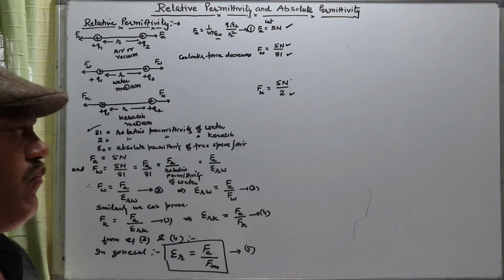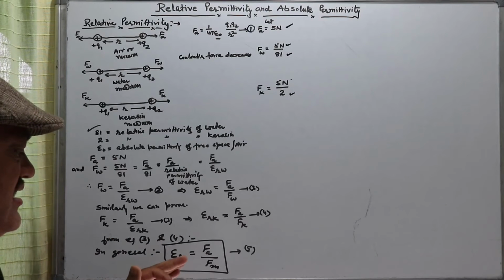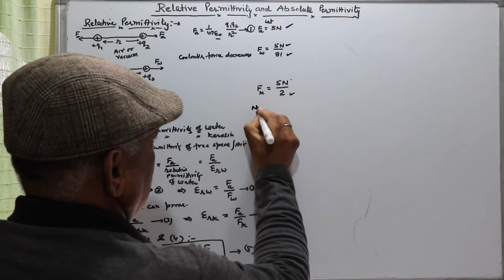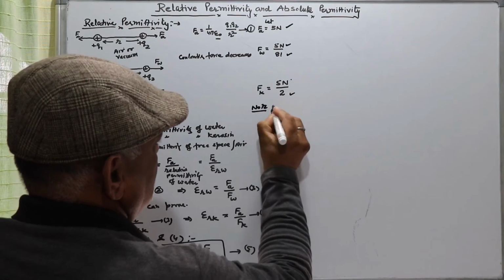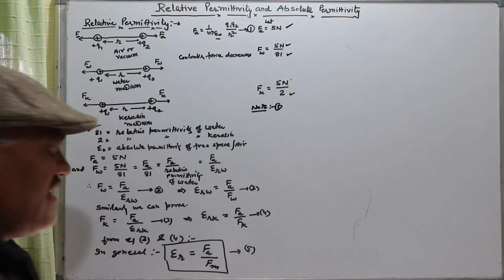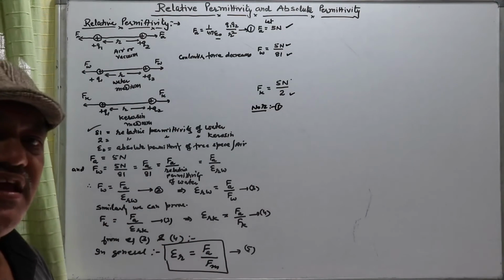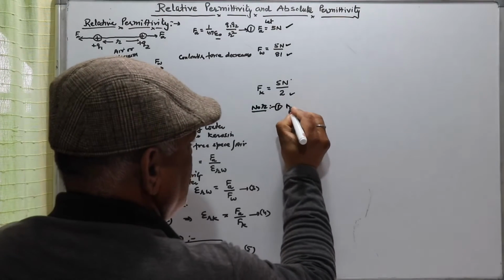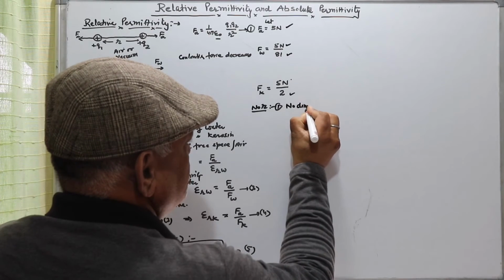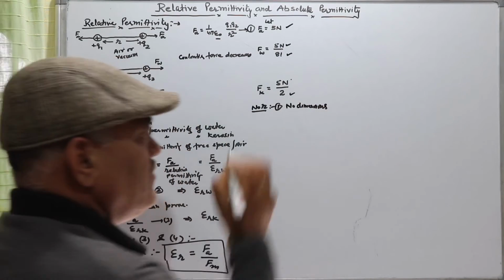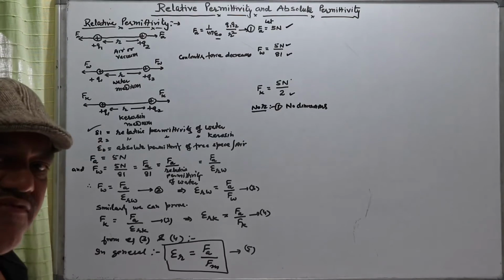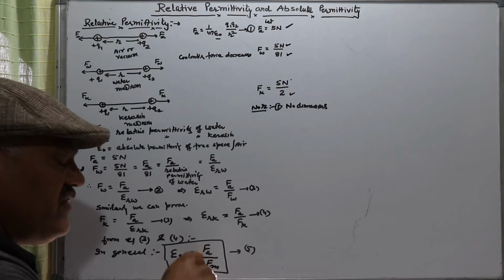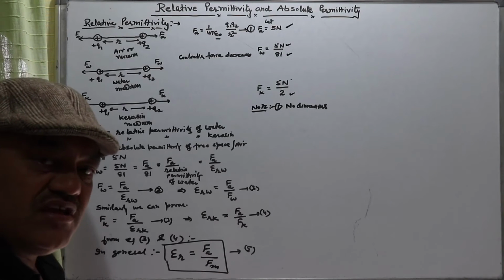Now some points we discuss here about this relative permittivity. Note number 1: relative permittivity has no dimensions, because the relative permittivity of a medium is the ratio of two similar physical quantities, that is force.